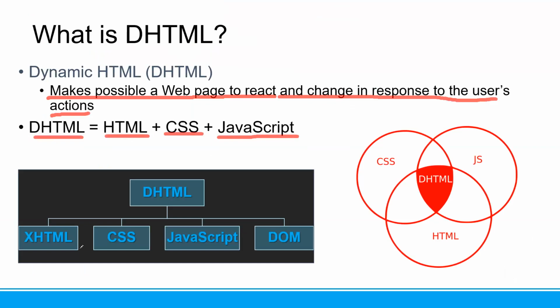But sometimes people also mention DHTML as the combination of XHTML, which means extensible HTML, and CSS, which we already learned, the cascading style sheet. And then today we are going to learn JavaScript. And later on, we will learn about DOM, the document object model.